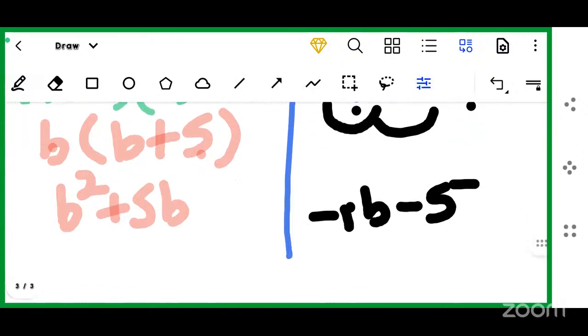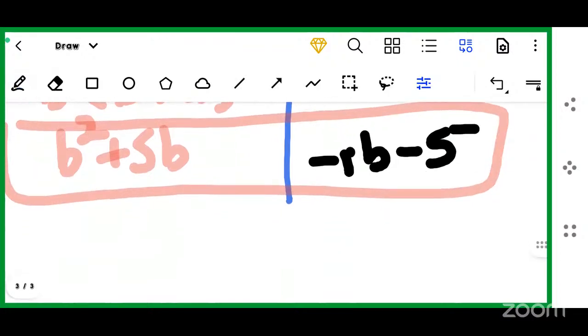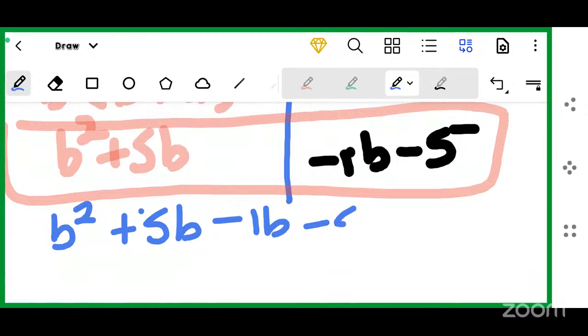So now we are left with this whole thing: b to the power of 2 plus 5b minus 1b minus 5. Do we have twins, which are our like terms? Do we have like terms there?